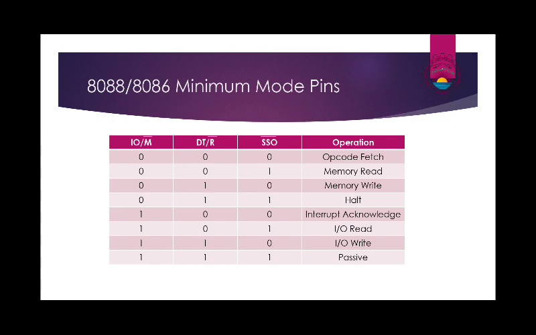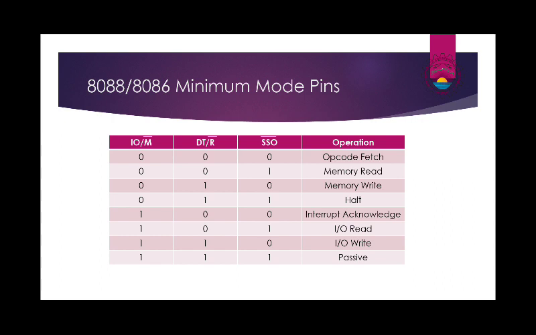So DT slash R bar will be having logic 1 and SS0 bar is 0 for memory write bus cycle. To differentiate between memory write bus cycle and halt state, SS0 bar is 0 for memory write bus cycle and for halt state SS0 bar is 1. Remaining two signals IO slash M bar and DT slash R bar are the same for memory write and halt.